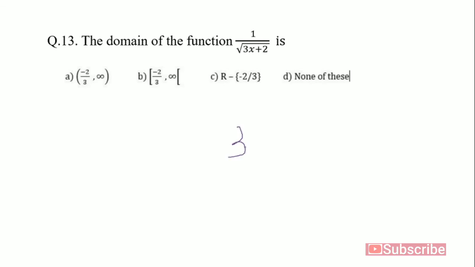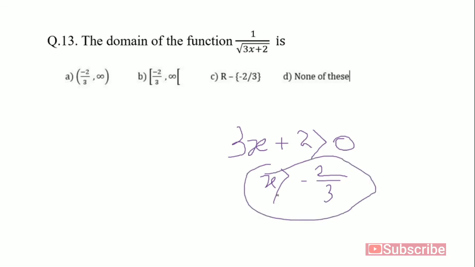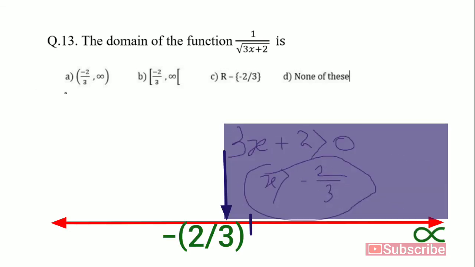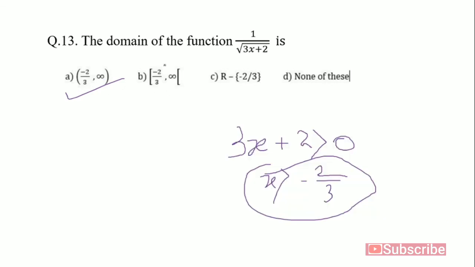That means 3x plus 2 is greater than 0. Now solve it. You will get x is greater than minus 2 by 3, is it not? All those values which are greater than minus 2 by 3, excluding minus 2 by 3, means observing this we will see that this is the correct option. So the domain of this function is this one, isn't it?